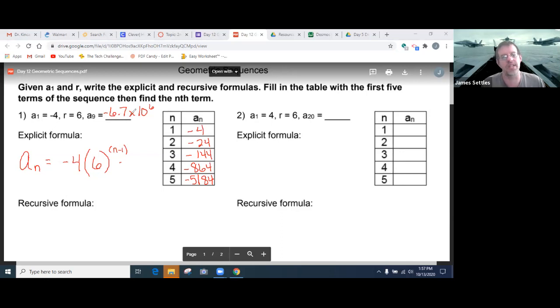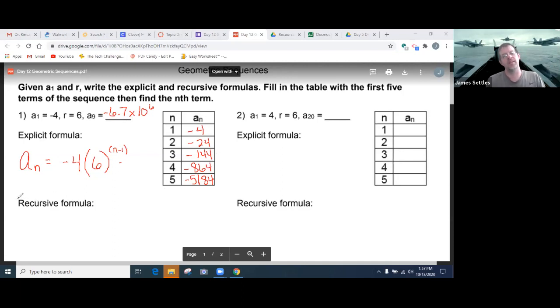And of course, the first time I move it, the 7's there, but then every other time we would put a 0 afterwards. So this would have 5 zeros after, so it would be a huge number. And that's only doing the 9th term. So you can imagine if we did something like the 38th term, how crazy that number would be.